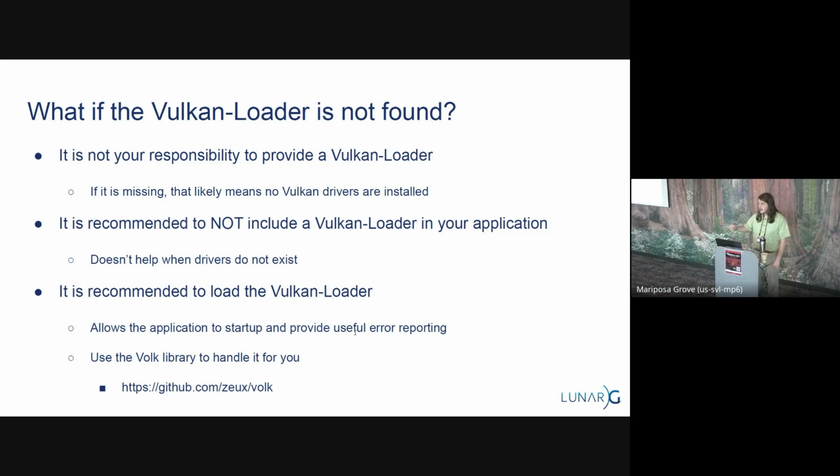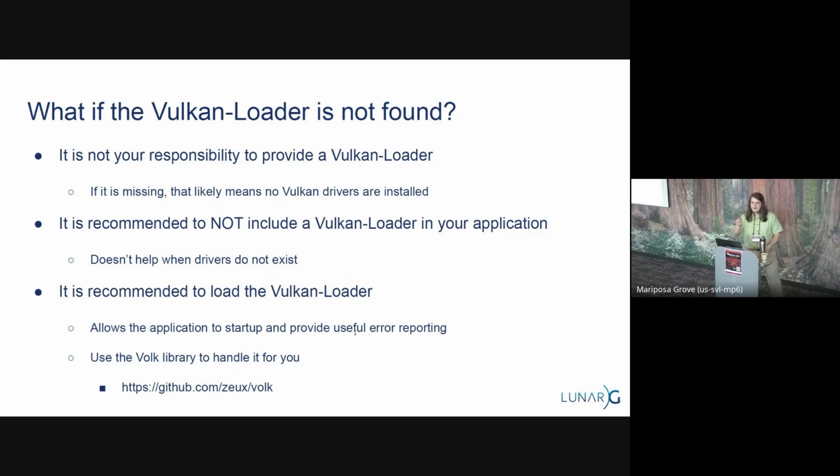Additionally, I recommend loading the loader, not just for performance reasons, because with the function pointers you get one less indirection in your call chain, but also because when you do try to load the loader and it's not present, you can provide more information to the user than Windows saying it can't start your process. Why can't you start my process?